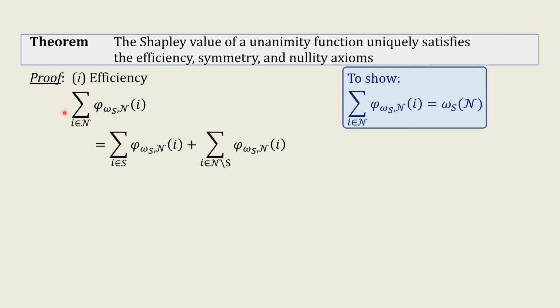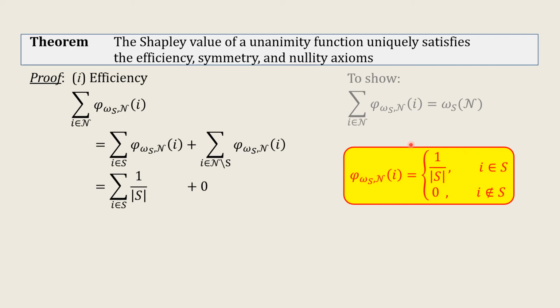This summation is over all agents, and I divide that into two parts: the first set of terms contains agents that are in this subset S, and the second set of terms contains agents that are not in S. And from this expression here, which we have already seen, each term in the first summation is equal to 1 over the size of S, because I belongs to S. And in the second summation, each term is equal to 0 because we are considering I not in S.